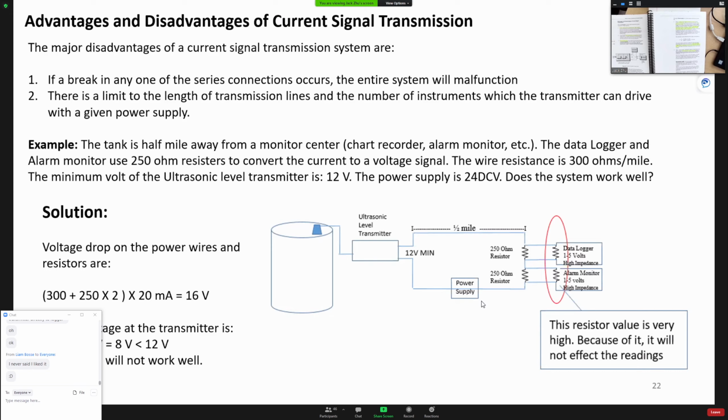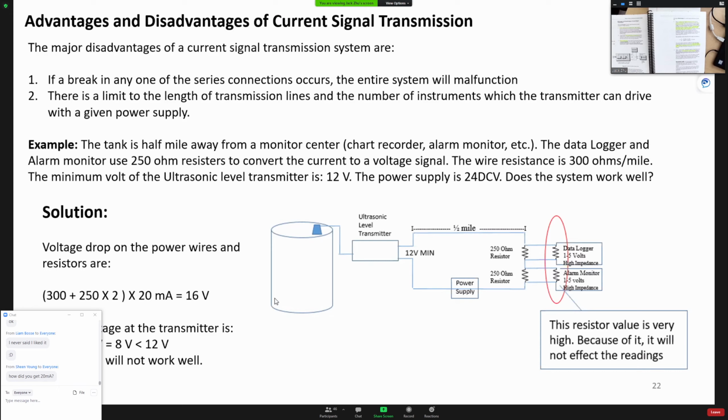But your power supply is only 24 volts; subtract 16 volts, you only have 8 volts left down there. And 8 volts is not going to be able to drive this ultrasound level transmitter. So to make this work, the minimum voltage for the power supply should be 12 volts plus 16 volts, 28 volts minimum.